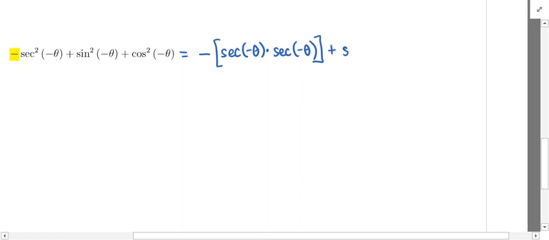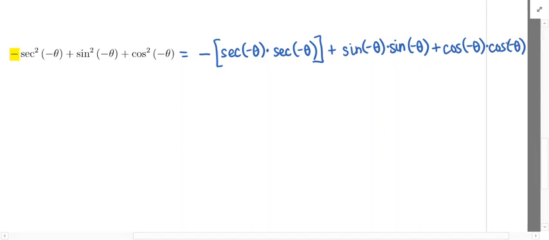That means we're taking the sine of negative theta and multiplying it by itself. And then we're adding cosine squared of negative theta. So that means we're taking the cosine of negative theta and multiplying it by itself. I'm just trying to deal with the negative argument right now. So let's see what happens.